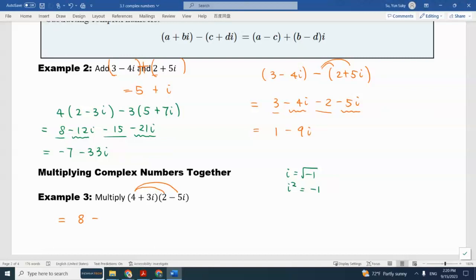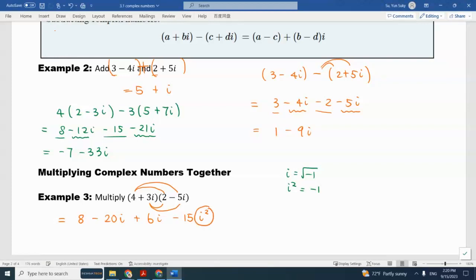4 times negative 5i. Negative 20i. And then we look at the 3, right? 3i times 2. Plus 6i. 3i times negative 5i. Yes. So then you would just multiply the negative 15 by the negative 1.